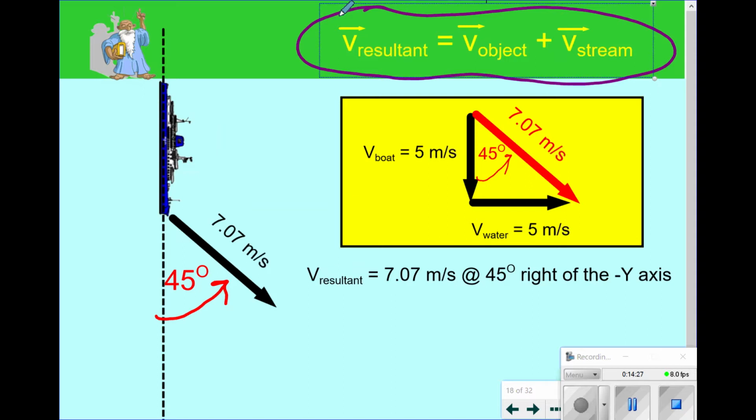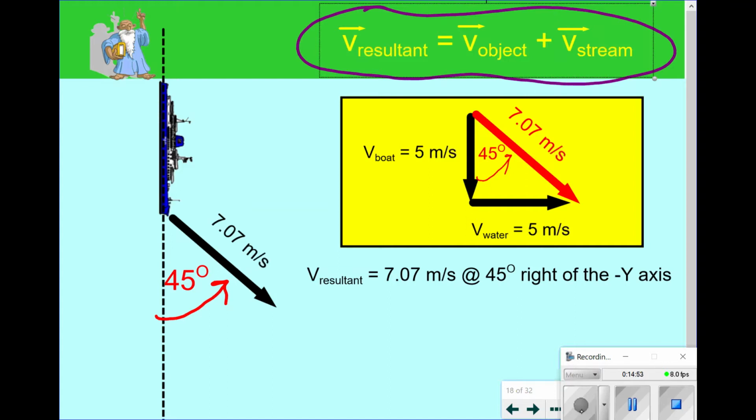It just so happens when vectors go in the same direction, vector addition results come out to be the same as just scalar addition results. But that's the only case. So in this case, since my velocity of the boat and water form a right triangle, I could draw these out to scale using a ruler and protractor, doing it tip to tail, of course, and I could come up with my resultant.